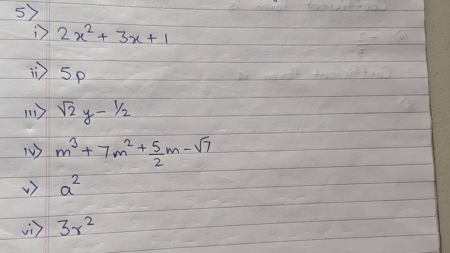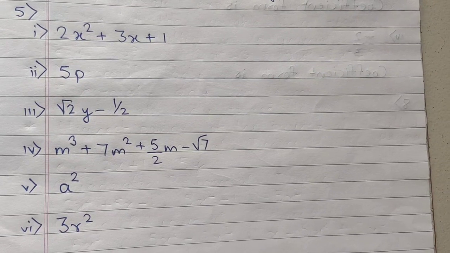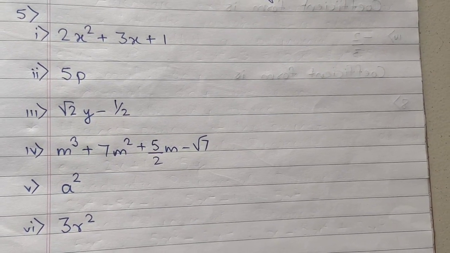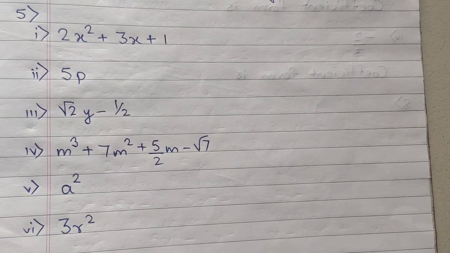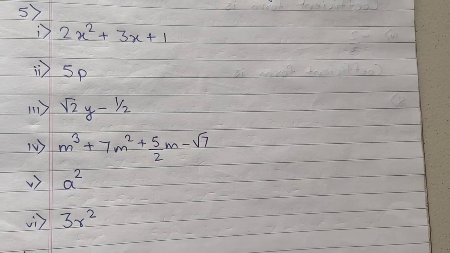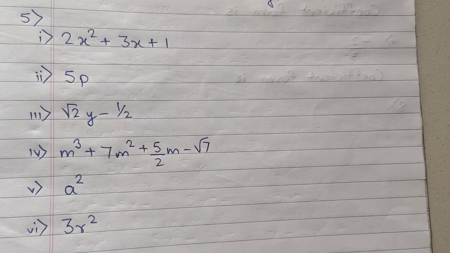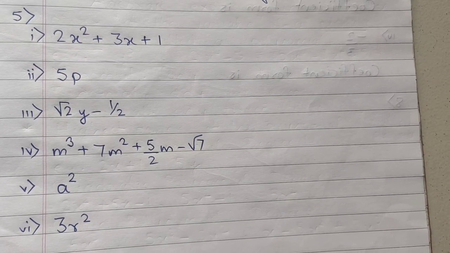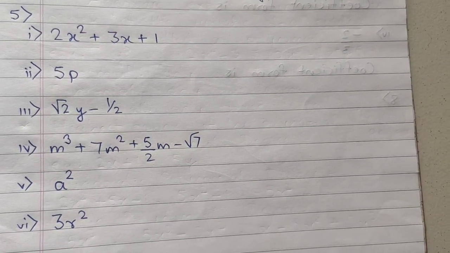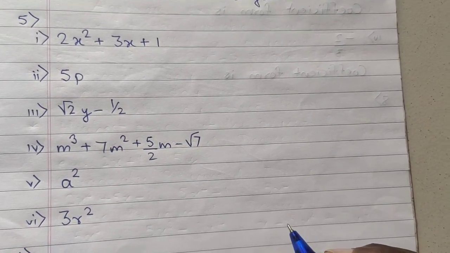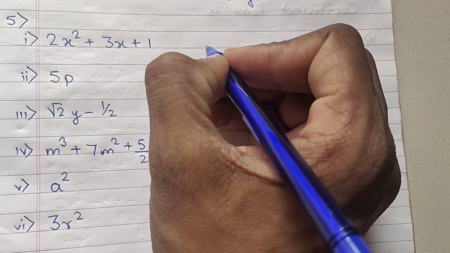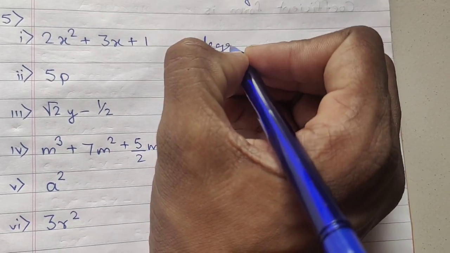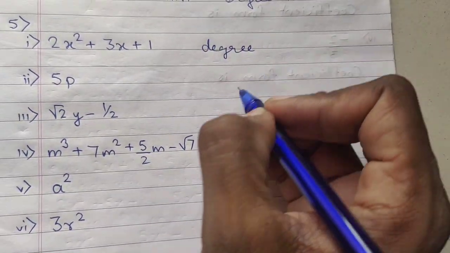In question number 5, you have to identify which one is a linear polynomial, which one is a quadratic polynomial, and which one is a cubic polynomial. Remember, linear means what? Degree 1, quadratic degree 2, and cubic degree 3. So first you see what is the degree, and then you can easily write whatever your polynomial is. So first we are going to write the degree.